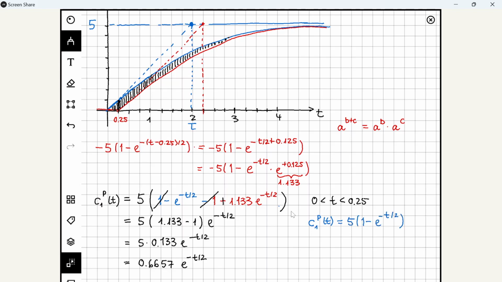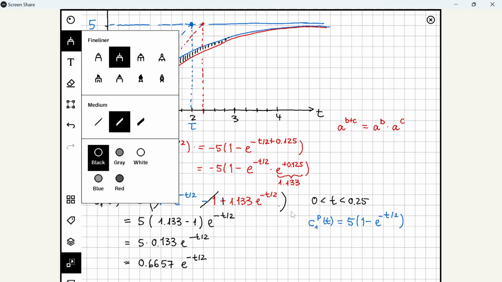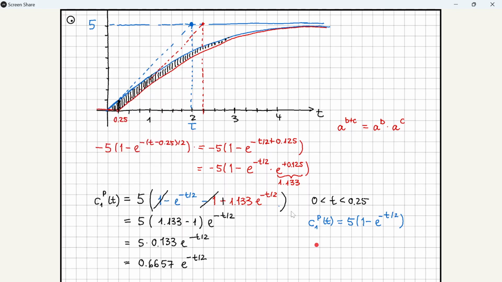Okay, and then if t is greater than 0.25, C1p of t is equal to 0.6657 e to the minus t half.